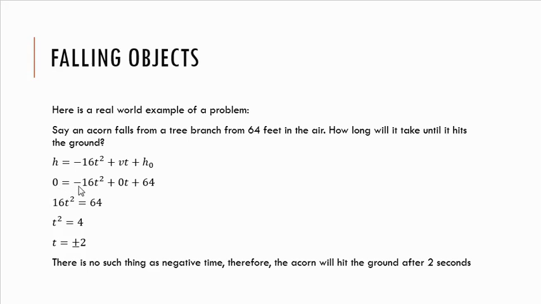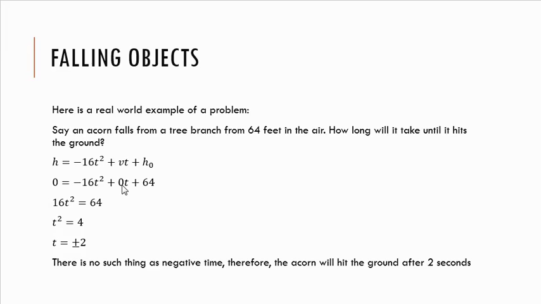Equals negative 16t squared. Now I don't change anything for t because that's what I'm finding out. How long? So that means time. What's the time frame from when it drops to it hitting the ground? How many seconds is that? So I don't substitute anything in for t. Plus 0t, like we just discussed on one of the previous slides.